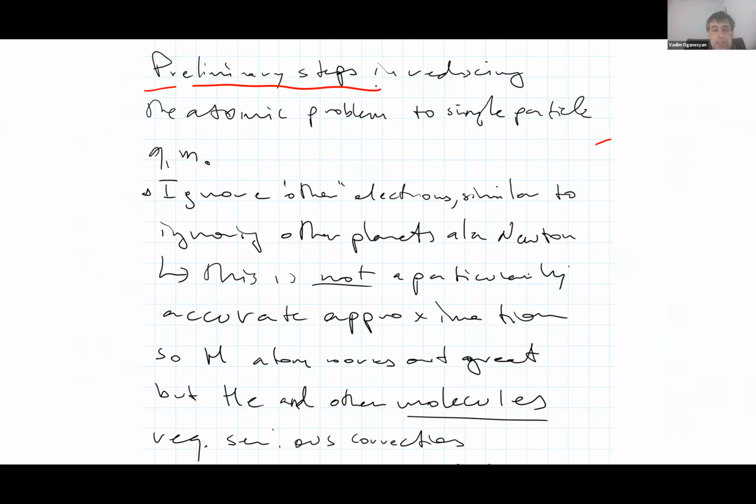One of them is, say if you wanted to understand all of the elements, then we'd have a problem of many interacting electrons, because electrons are actually strongly repulsive. And it turns out that that's a very difficult problem, and it vexes us to the present day. I think we don't even understand helium that well, except numerically.